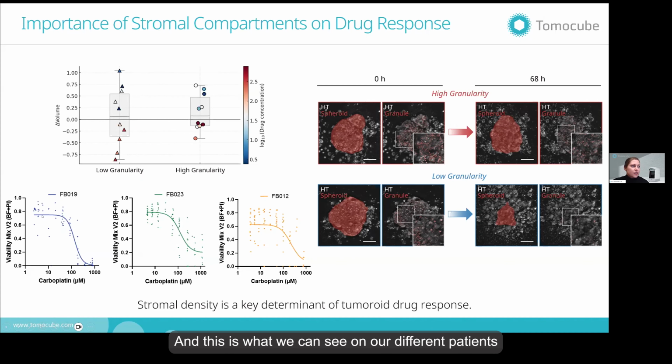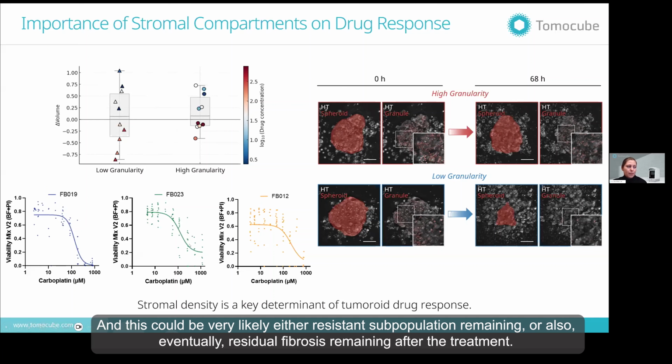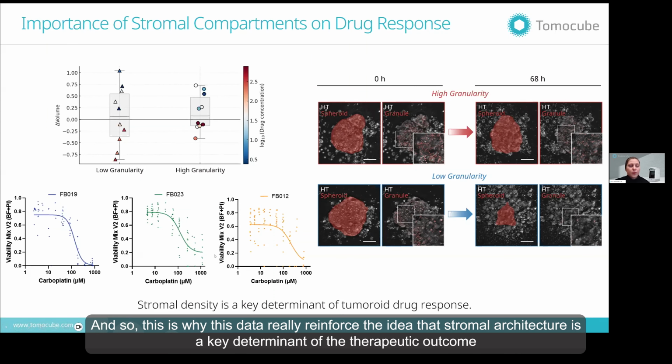And this is what we can see in our different patients, that in some cases we are not able to reach the 100% maximum cytotoxic efficacy. This could very likely be either a resistant subpopulation remaining or eventually residual fibrosis remaining after the treatment.